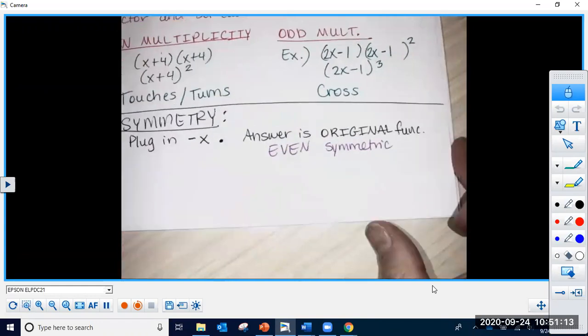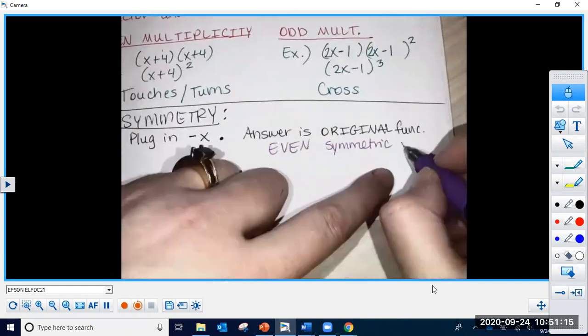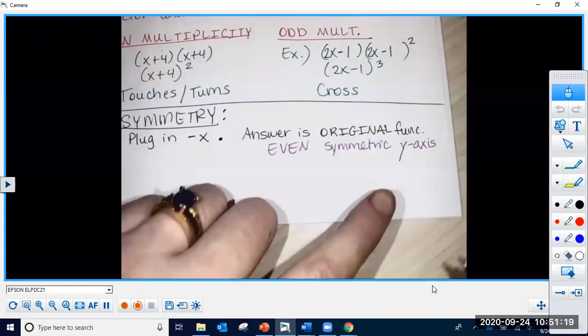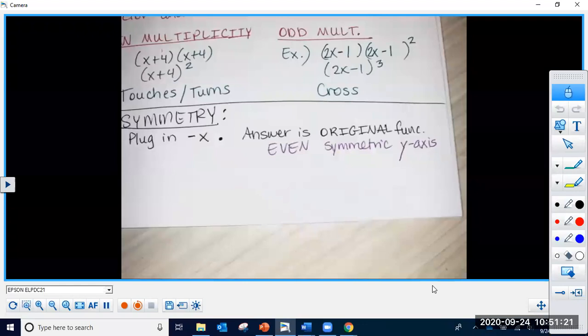It's symmetric with the y-axis. So that's a way for you to check, just go through and plug in negative x.